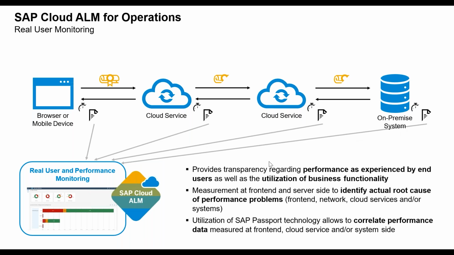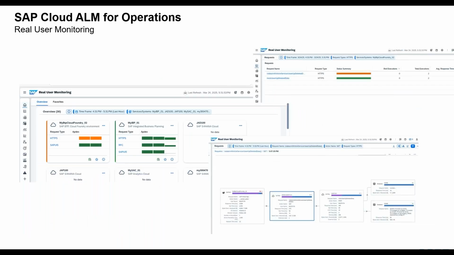And again, it does support different types of applications. It could be any type of cloud, or just a browser or a mobile device, including, as I mentioned, on-prem systems as well. Now, here's an example of a couple of screenshots of the way the end user monitoring will look.